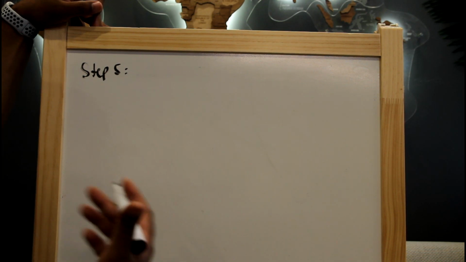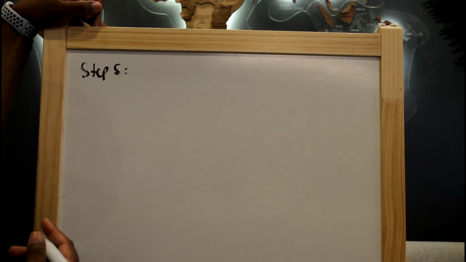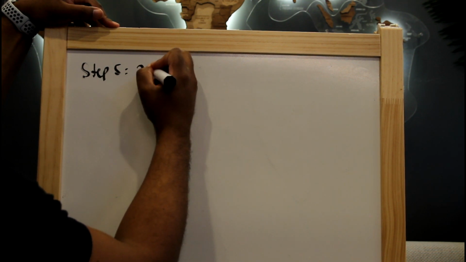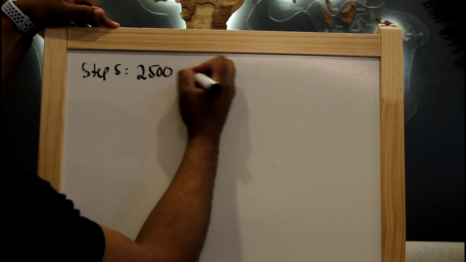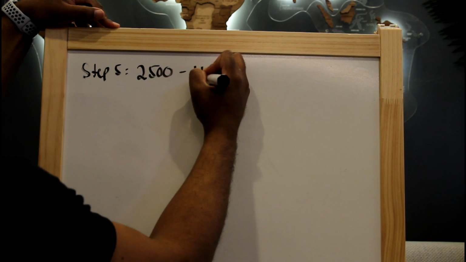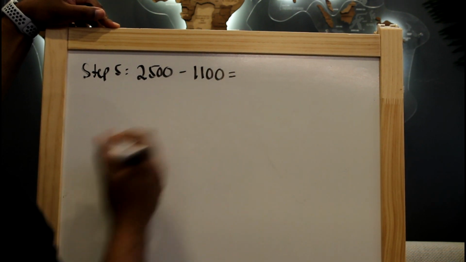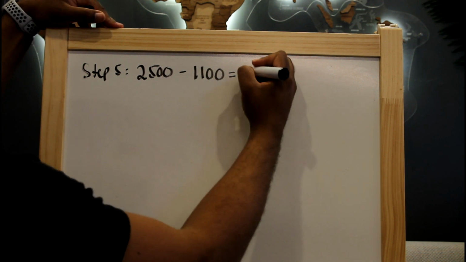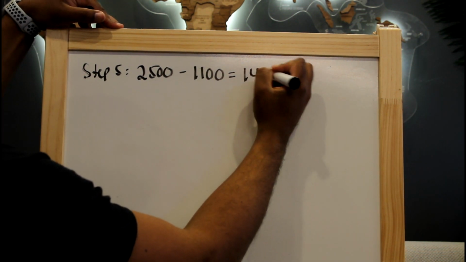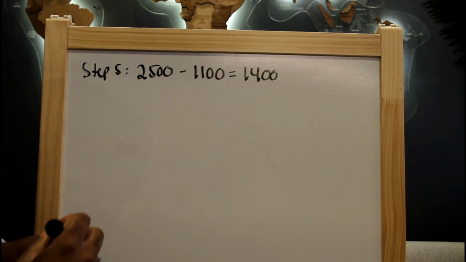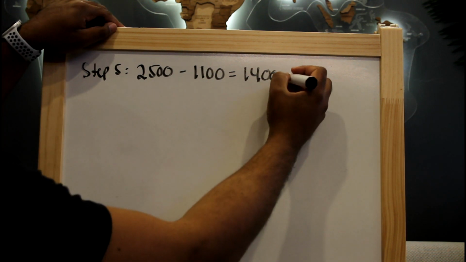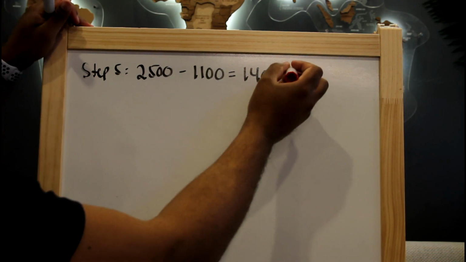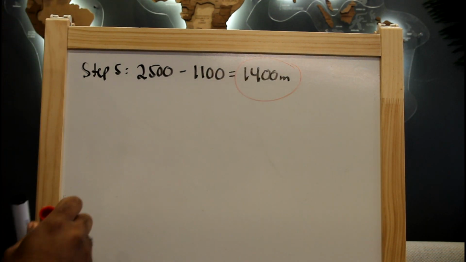When I'm finding a difference in mathematics, the operation that I'm going to use is subtraction. So I'm just going to quickly write in the peak height number and the condensation point number. We're going to take 2,500 meters and subtract 1,100 meters, which gives us 1,400 meters. Now this number is going to be very important, so I'm just going to write a little m next to that because we're going to need it when we do our cross multiplication for our next step.